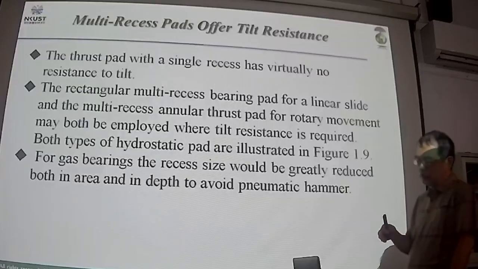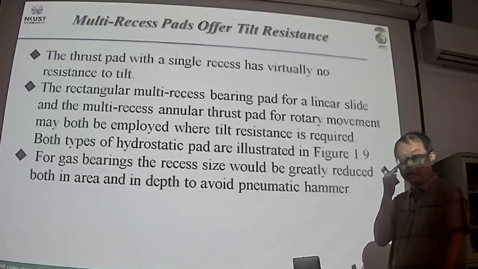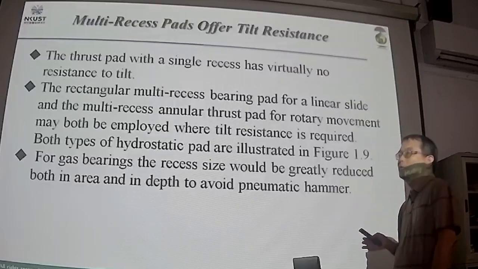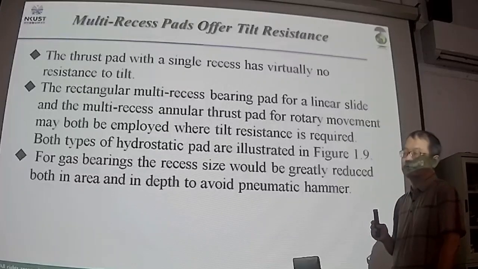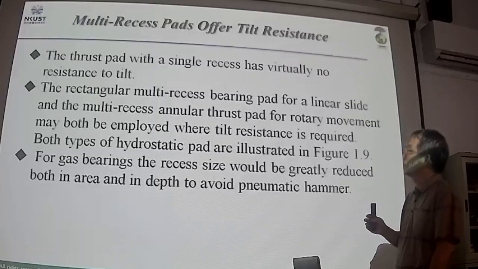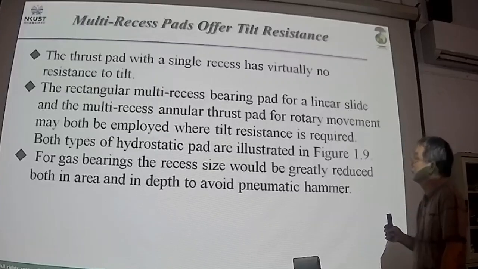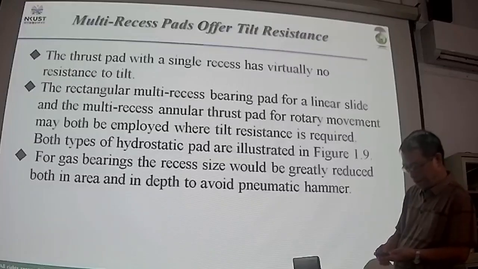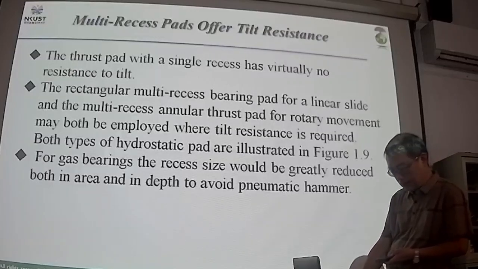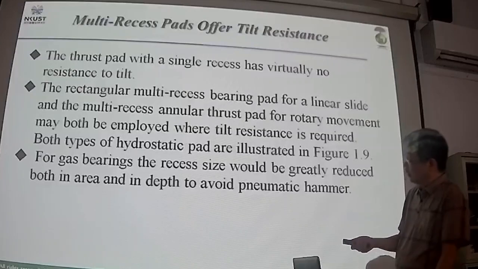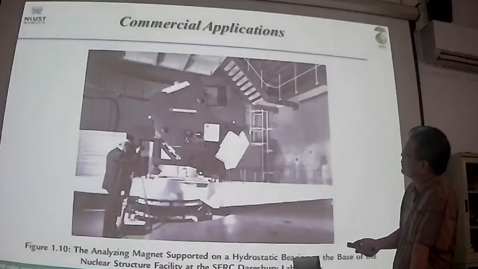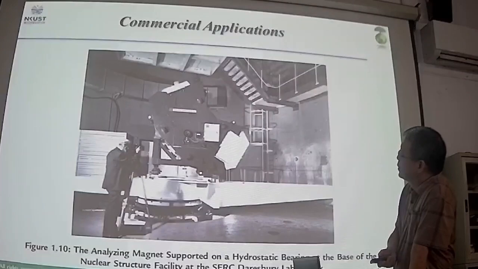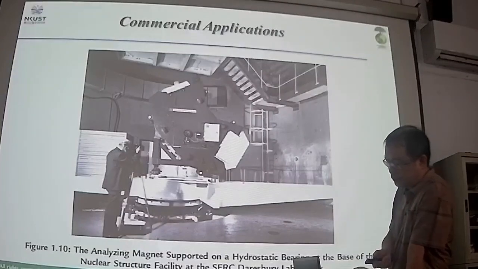So in one direction, you need to have at least two or three recesses minimum for the design. And then we have some examples for the commercial application.